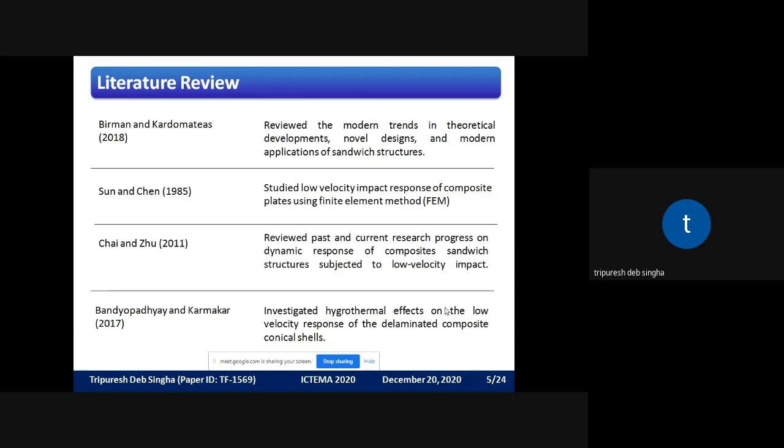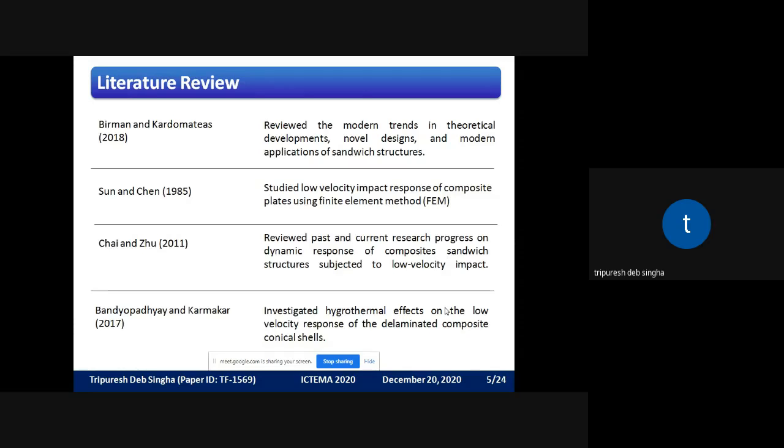One of the oldest works on low velocity impact on composite material using the finite element method was carried out by Sun and Chen in 1985, and they showed different transient responses of the low velocity impact and different parametric studies. Sai and Ju reviewed the past and current research progress on the dynamic response of composite sandwich structures subjected to low velocity impact in 2011.